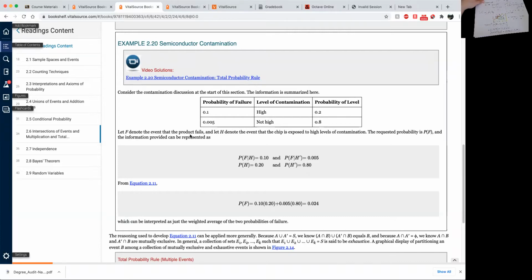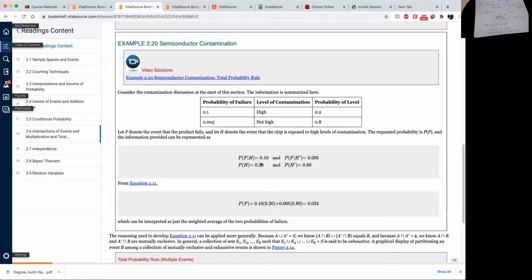So now let's see, fail. Let H denote the event that the chip is exposed to a high level of contamination. So now the requested probability is P of F, and the information provided can be represented like this. How come?